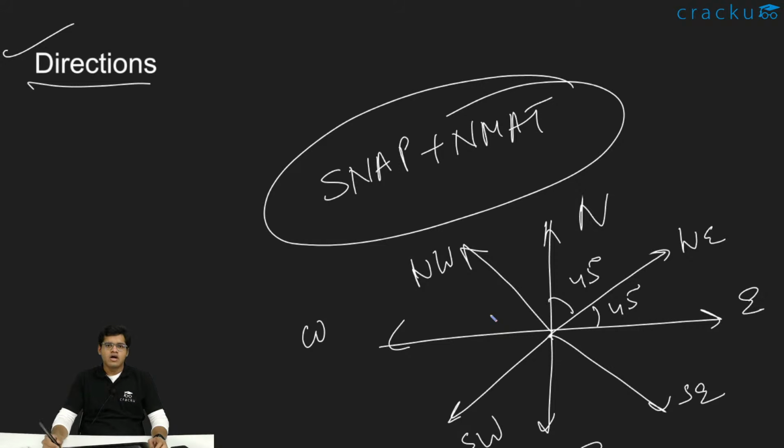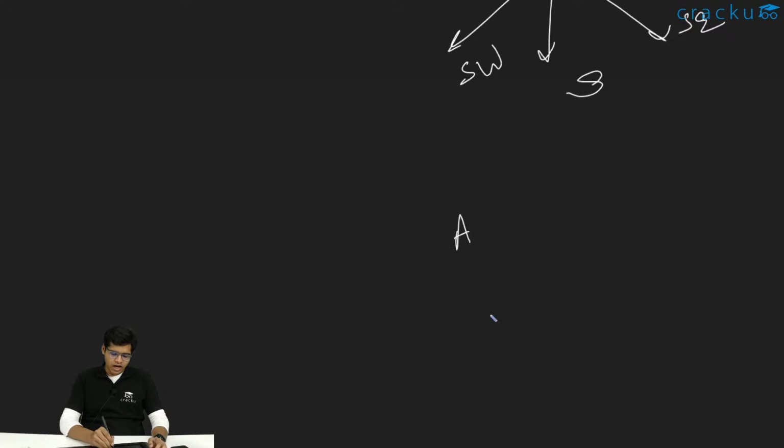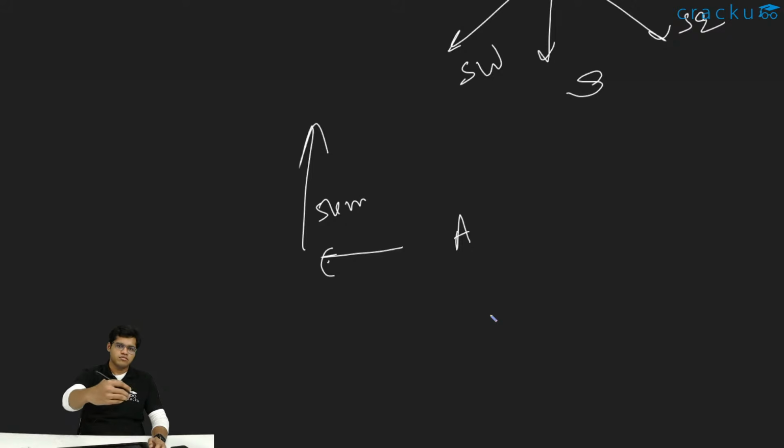Now in directions, the questions are like this. Say A is moving 5 kilometers towards the west, then he takes a right turn. If he takes the right turn, he will move towards this side now, right?